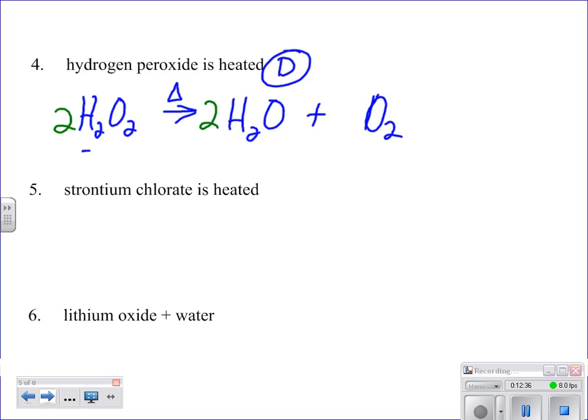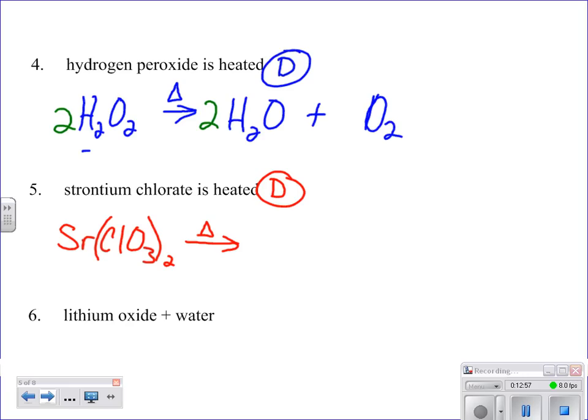Okay. Next one, strontium chlorate. So Sr with a +2, ClO3 with a -1, and it's heated. So again, that's got to be a decomposition reaction. You're getting in the habit of not just saying decompose.